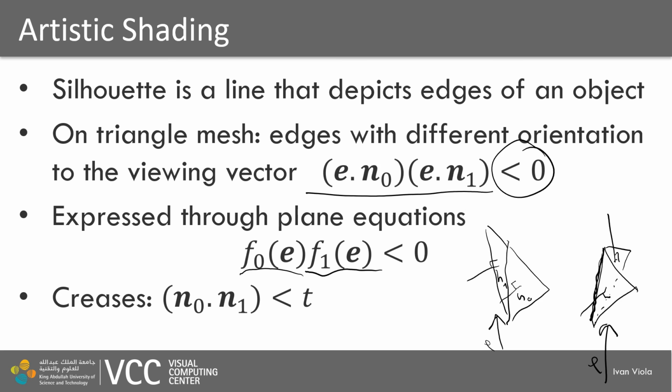Sometimes we have a situation where we do not have a contour or silhouette, as it is called in the book, but we have maybe triangles that would be something like this, and they will still have a positive sign, both, let's say, with the dot product with the viewing vector, but they will have very different orientations of the normals.